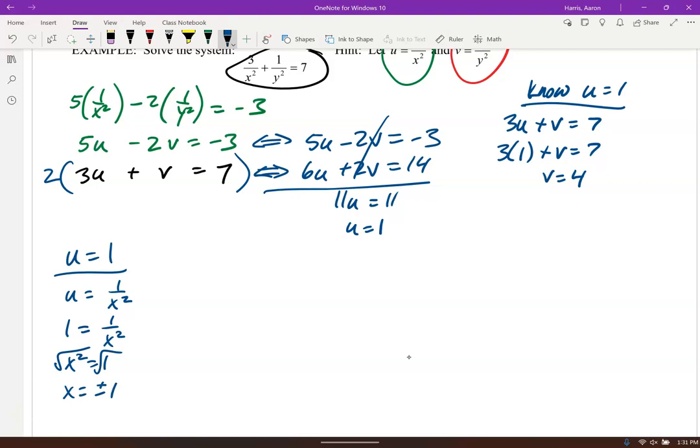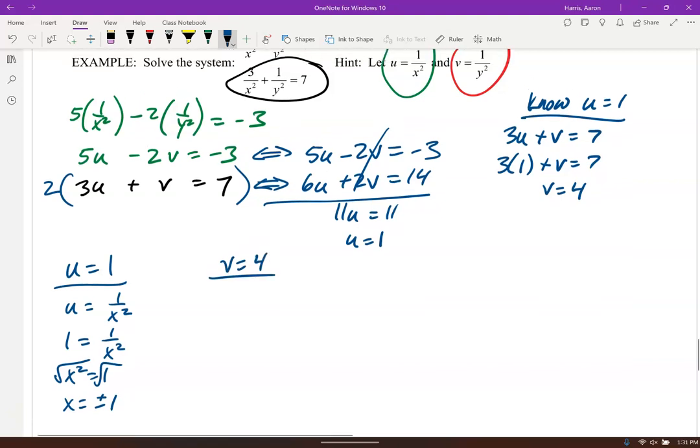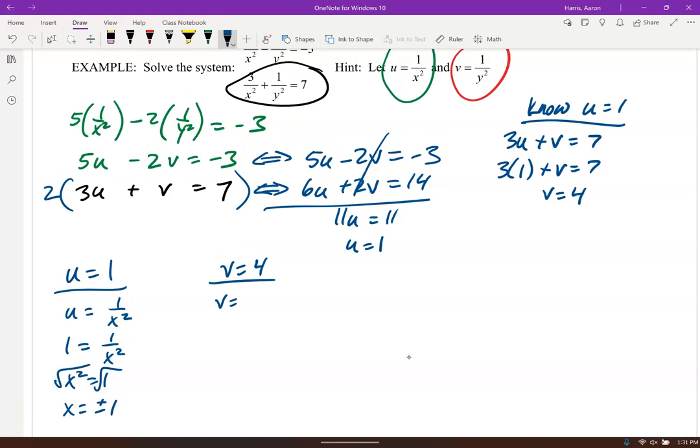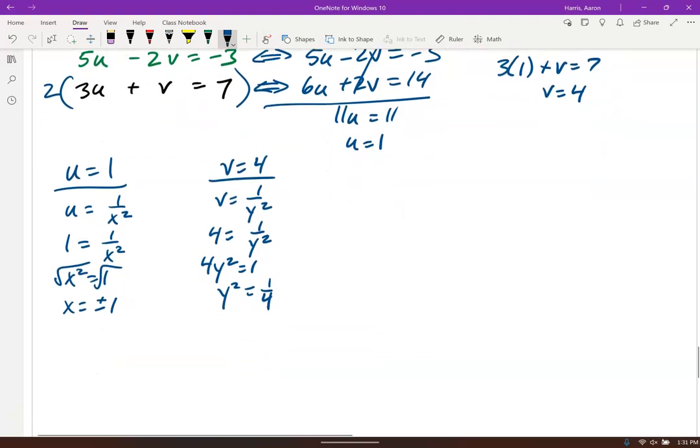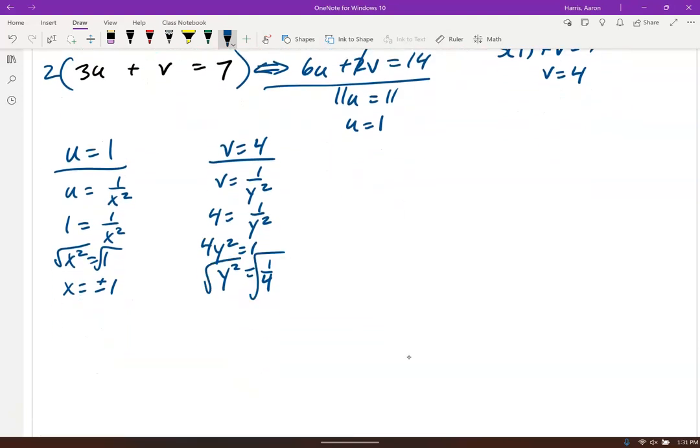And then we know v is 4, and v is 1 over y squared. V is 4. Multiply both sides by y squared. Divide by 4. Square root of 1, square root of 4. So we got plus or minus 1, plus or minus a half.